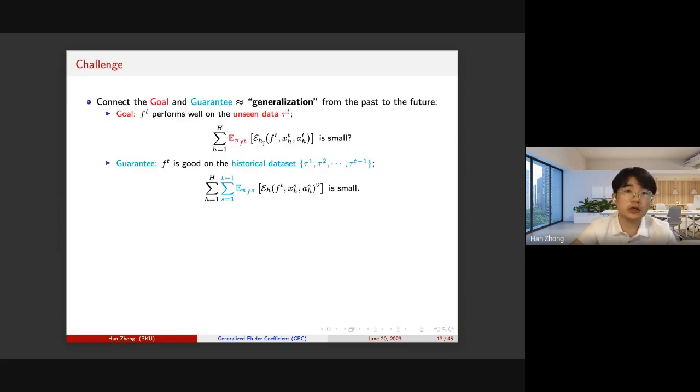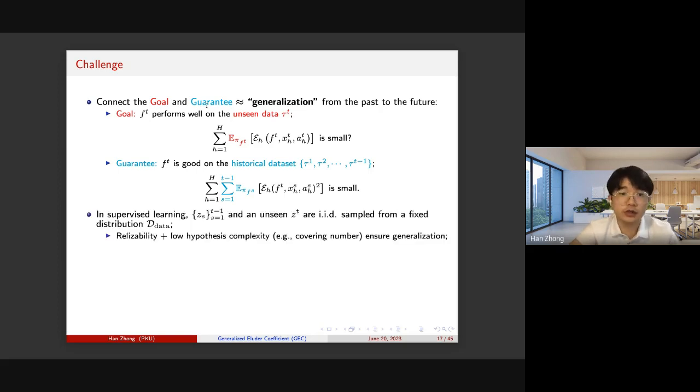To connect the goal and the guarantee, we require some property of generalization from the past to the future. And this is simple in supervised learning. If we have IID data samples from a fixed distribution, then with realizability and low hypothesis complexity, we have good generalization.